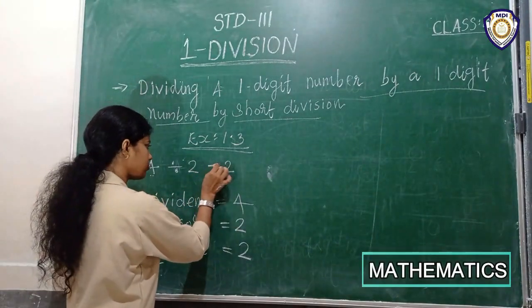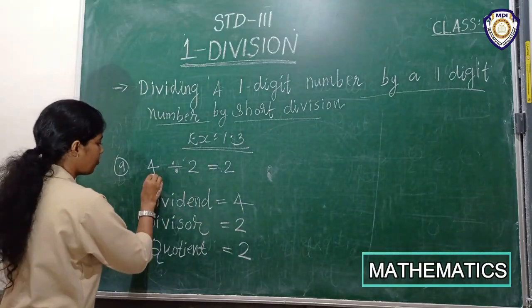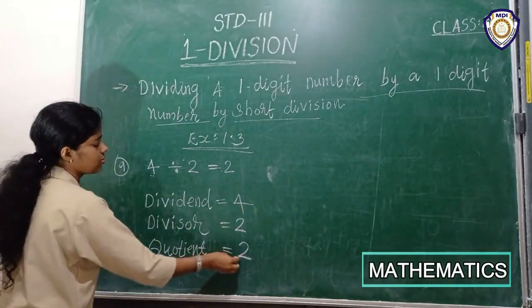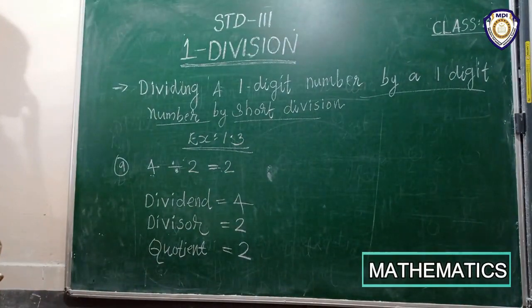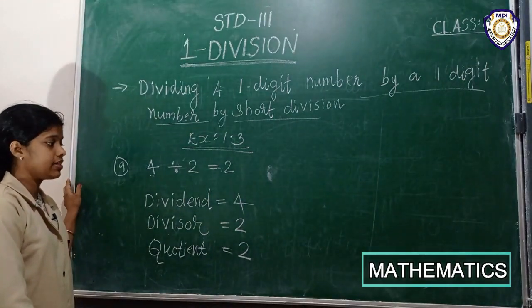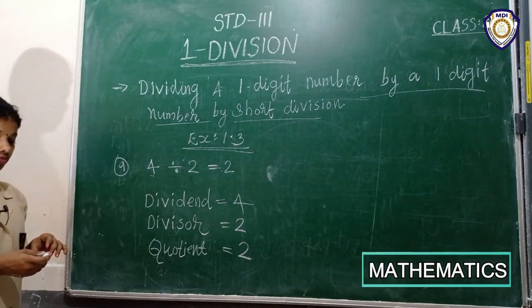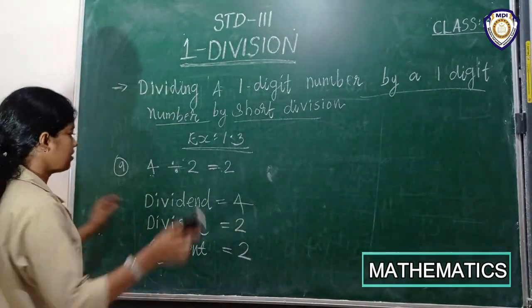Here dividend is 4 and divisor is 2 and quotient is 2. Write it. Did you finish? Second one, B.